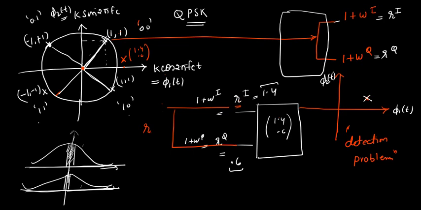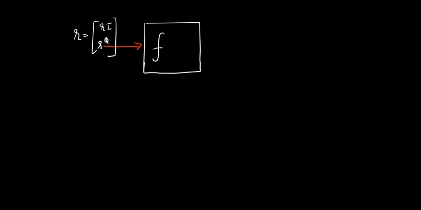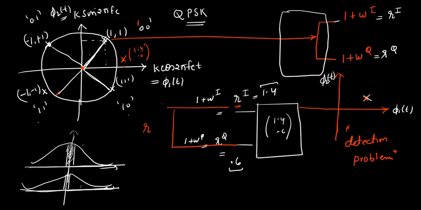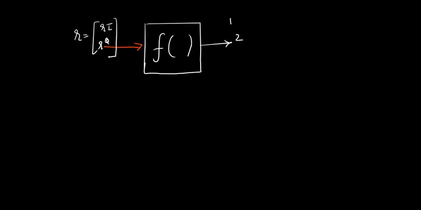For example, by observing this and applying some logic, you have R, which contains the upper branch and lower branch values, and you provide it to an optimizer which you have designed, which will give you either 1, 2, 3, 4.